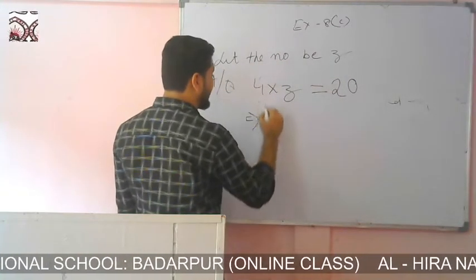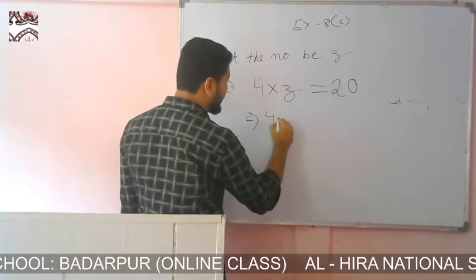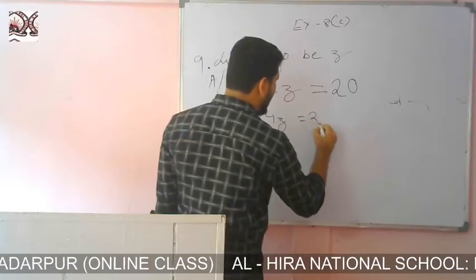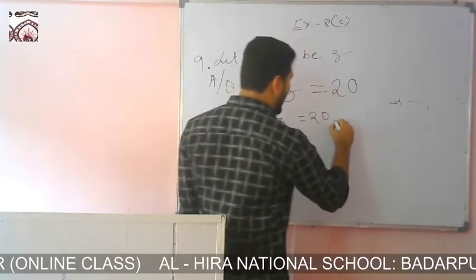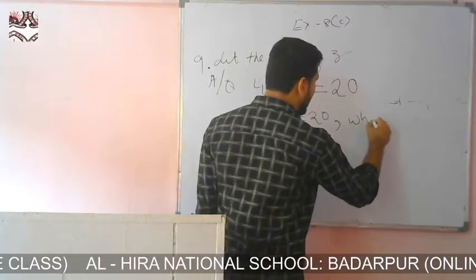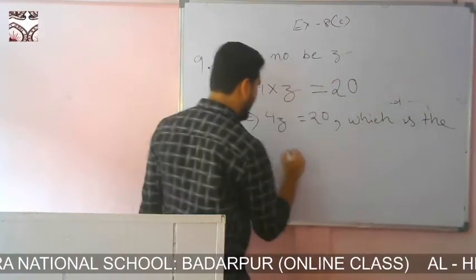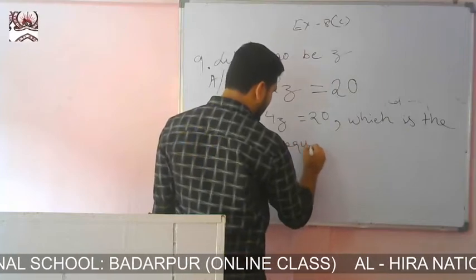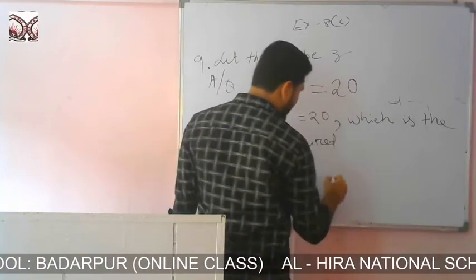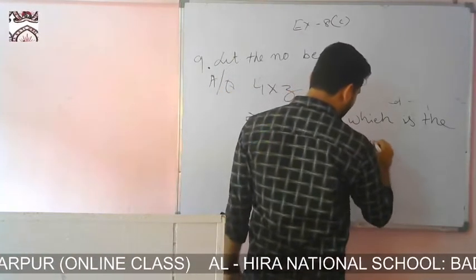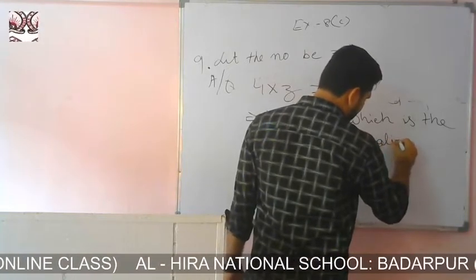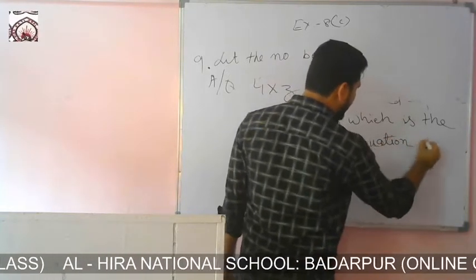So I can write 4 into z, that is 4z equals to 20. Right here, which is the required equation.